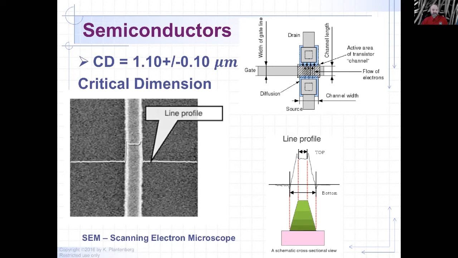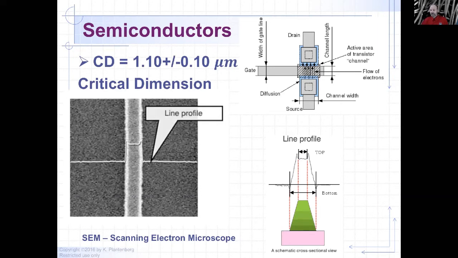So you can see an example of a CD dimension with a tolerance of 1.1 micron plus or minus 0.1 micron. Okay, so that's about a plus or minus 10% or so. Nowadays they're making things as small as I think 14 nanometers, right, with tolerances of plus or minus 1 or 2 nanometers. Okay, so measuring things gets really critical.